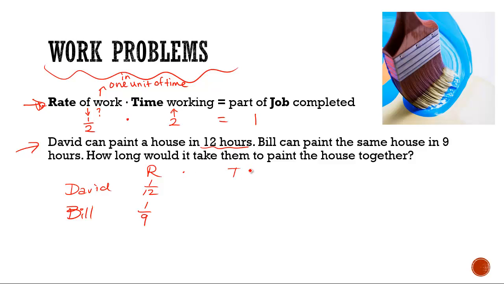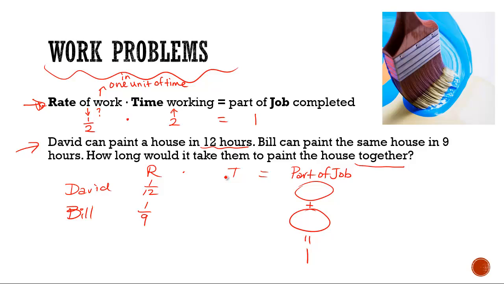Now, sometimes we don't know the time, sometimes we do. How long would it take them to paint the house together? Well, what does that imply? Not distance, part of job. Well, we want David's part of job plus Bill's part of job to equal 1. And they're working together, so that means they're working together the whole time.